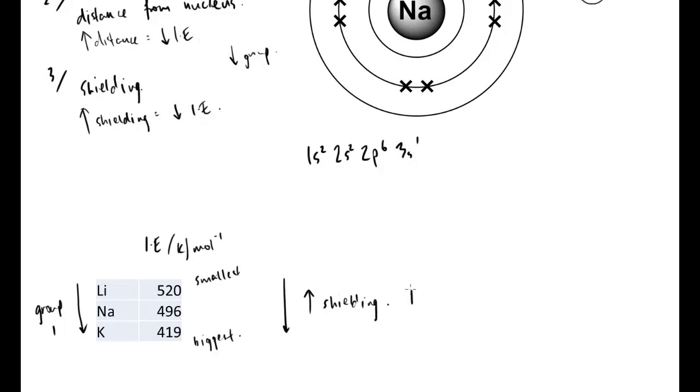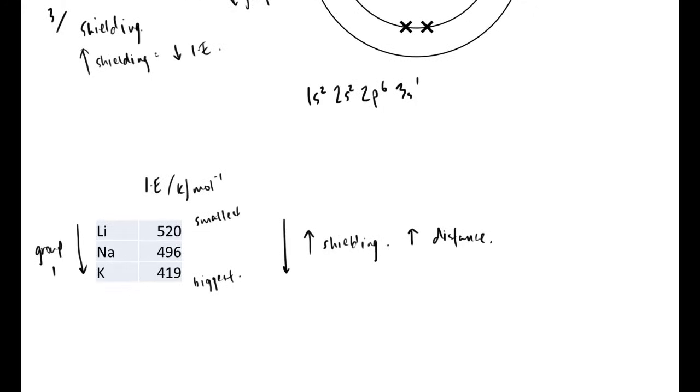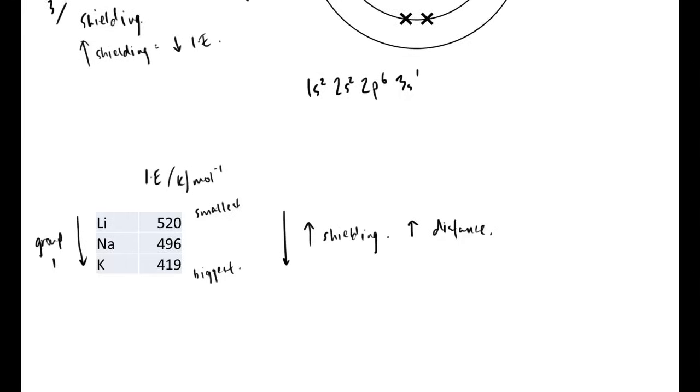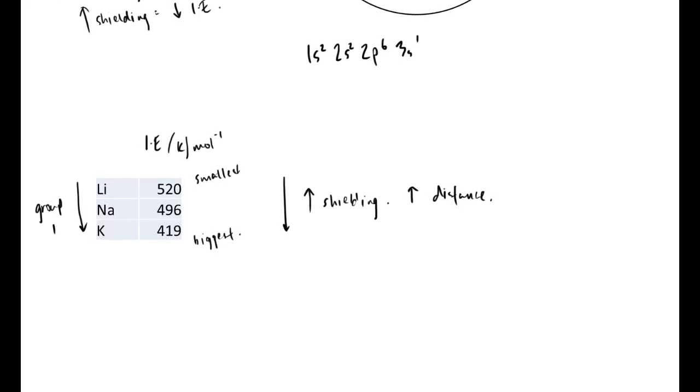We've got an increase in distance, and although there is also an increase in nuclear charge, it's counteracted by these two changes. So there you go, distance increasing, and with the shielding as well, the ionisation energy is decreasing.